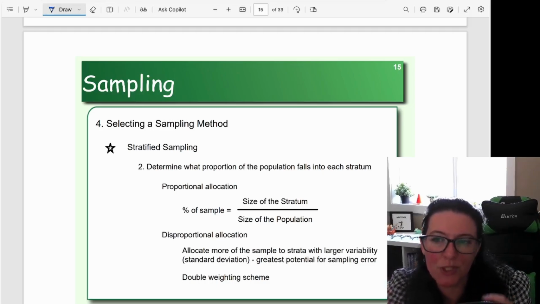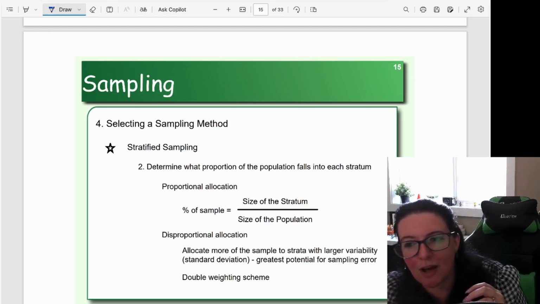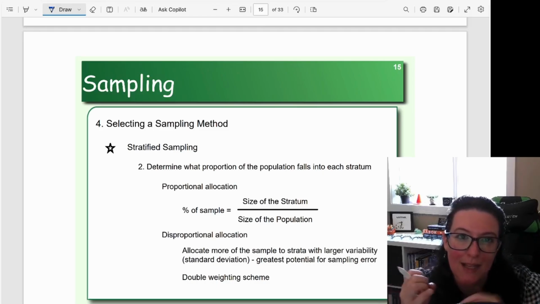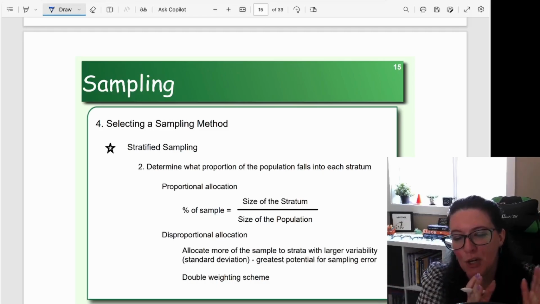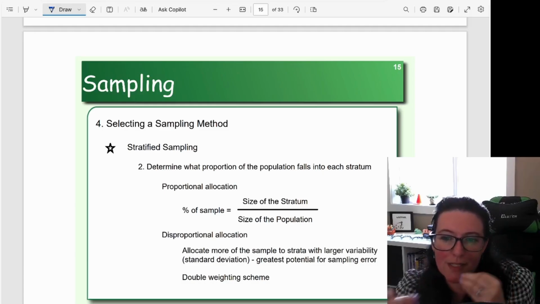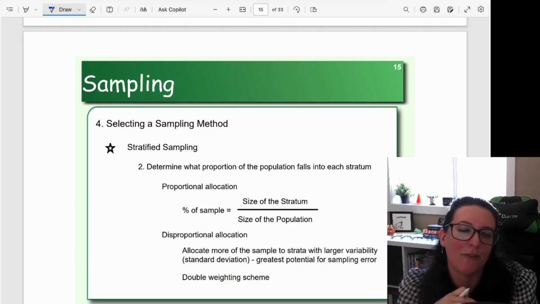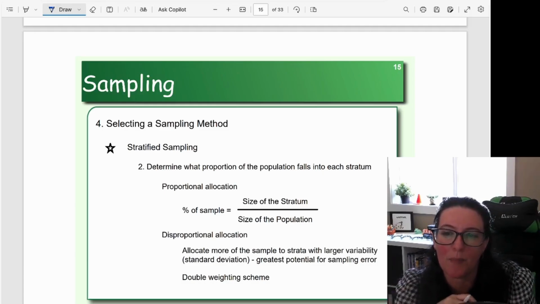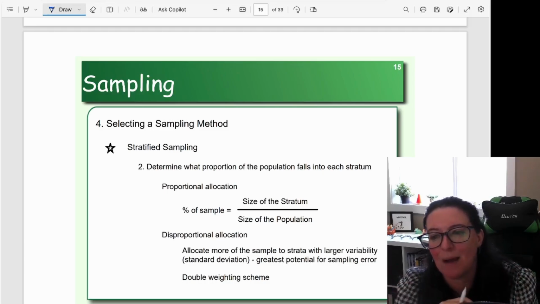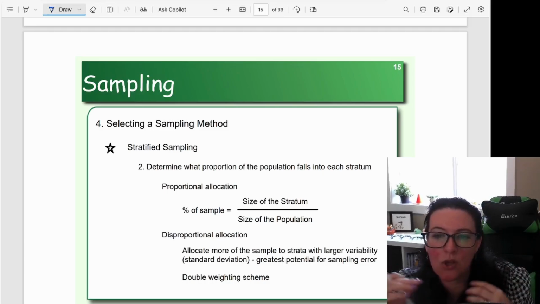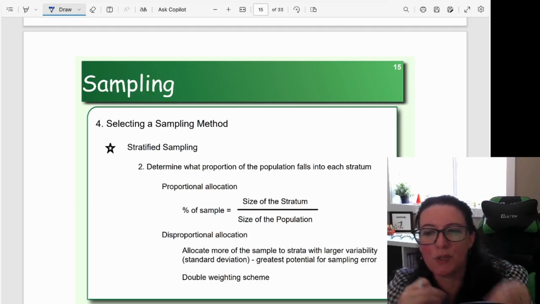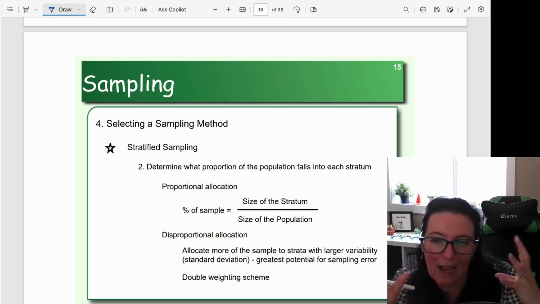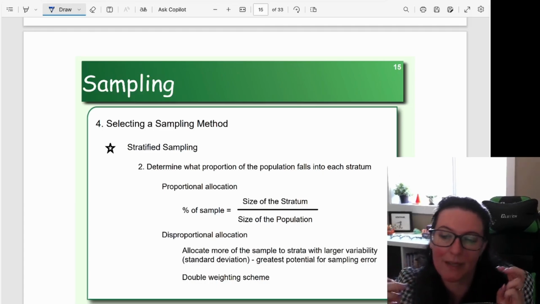But if our assumptions are wrong, that we're assuming there's less variability in the 4th year opinions and more variability in the first year opinions, then by forcing it to be different than what is representative in the population, we've added to the sampling error. Okay, this is called a double weighting scheme if you're doing this, because you're adding a weighting to a particular group to adjust for that difference in how much difference there is in their opinions.